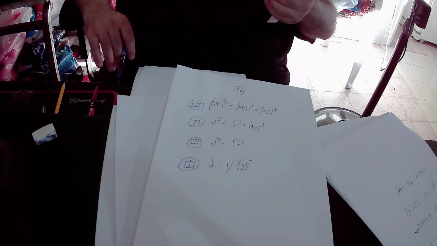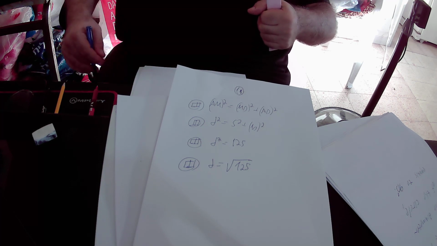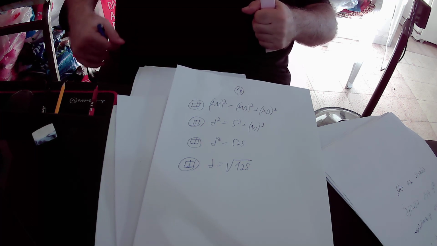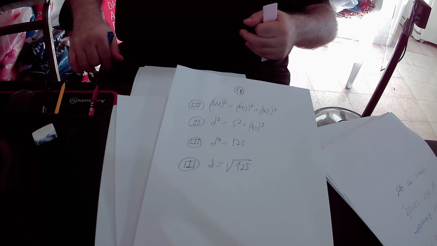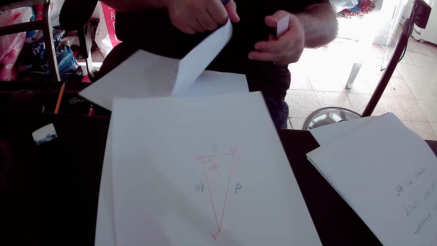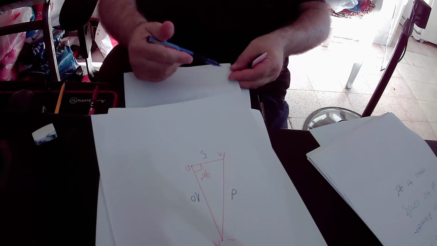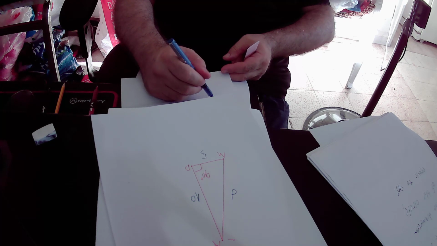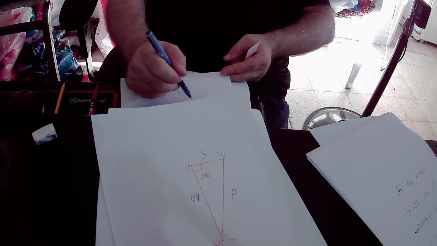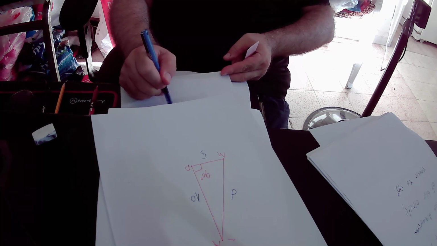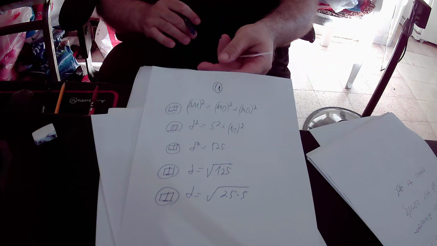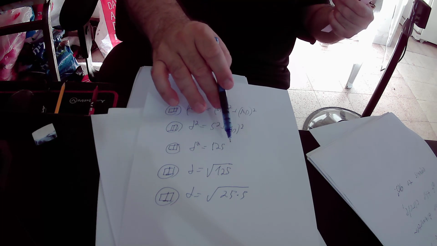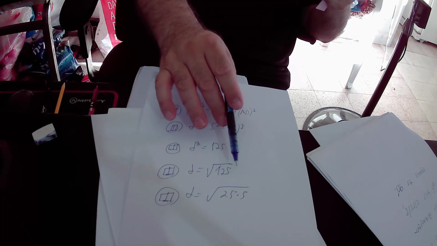But 125 equals 25 times 5. So I write it down. As I already said, 125 equals 25 times 5.